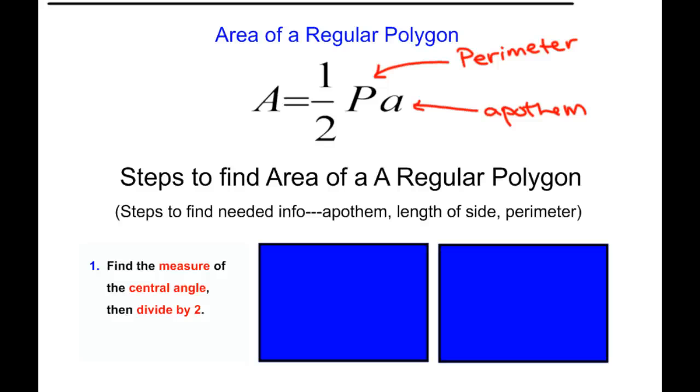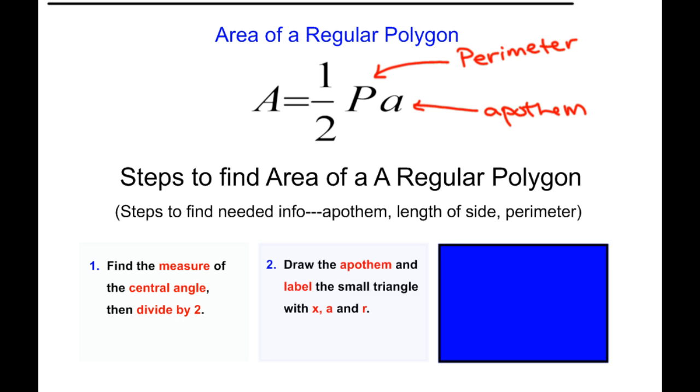The second step, draw the apothem and label the small triangle with x, a, and r, kind of like what we had before. Again, we'll do an example in a second. You might want to pause the video here to write that down in your notes.